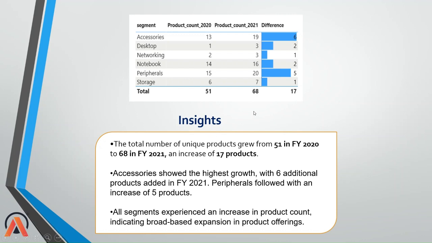Accessories shows the highest growth with addition of 6 products. Peripheral followed with an increase of 5 unique products. All segments experienced an increase in product count, indicating a broader expansion in product offering.